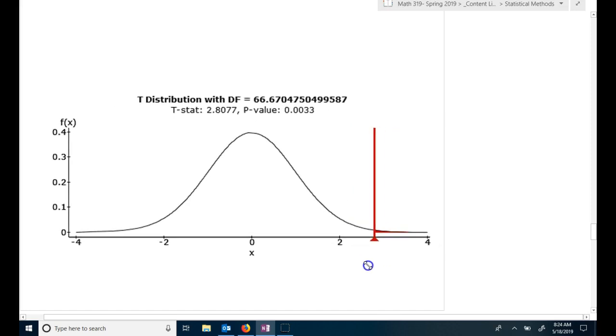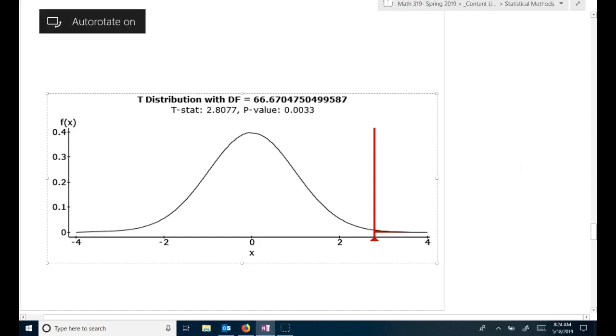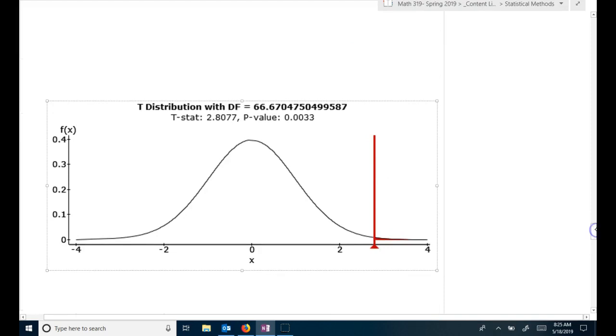All right, now this is my t-stat, and it's got degrees of freedom of 66.67, which is a different calculation for the degrees of freedom. So don't worry too much about that. You just know that we've got to calculate degrees of freedom, but StatCrunch ends up doing it for you, okay?